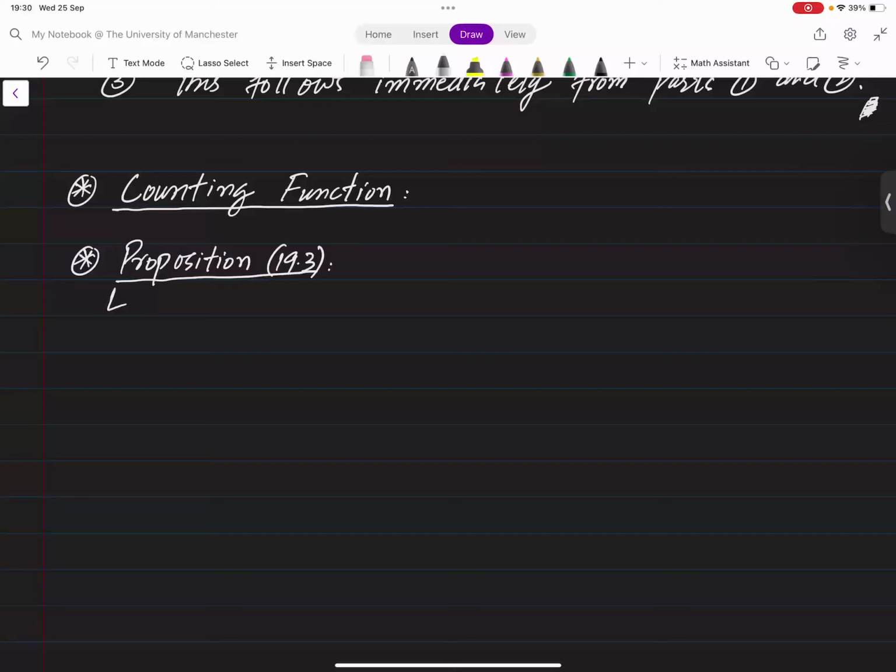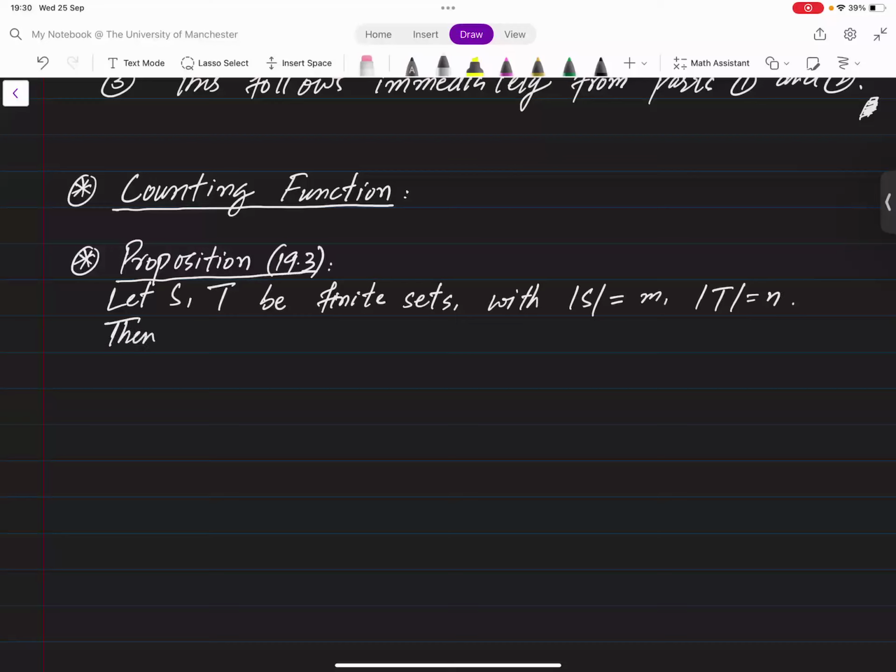Let S and T be finite sets with the condition that the order of S is m and the order of T is n.